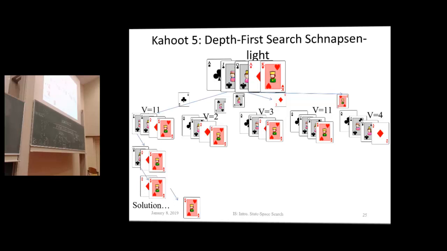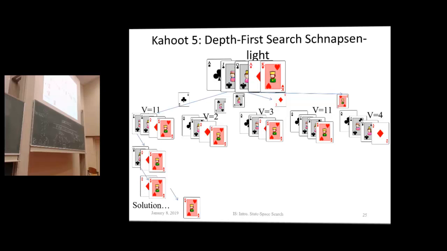So basically, now if we do this with our Schnapsen example, the difference would be that at this point we would start exploring this node and not looking at all those, but we would only look at this first one and would go on until we find a solution, namely the one where I first played, what is it?